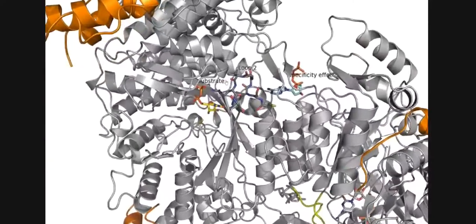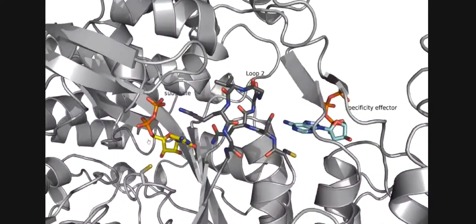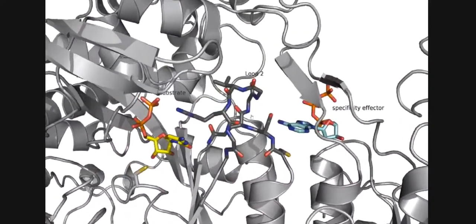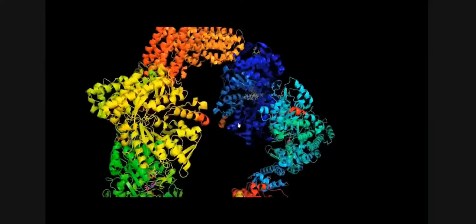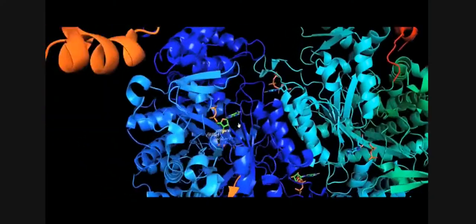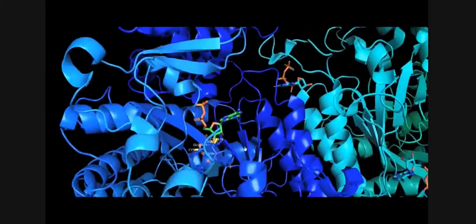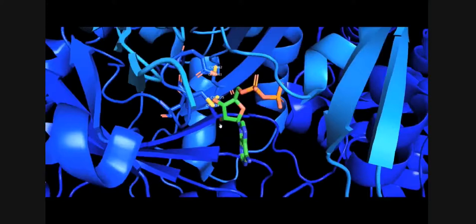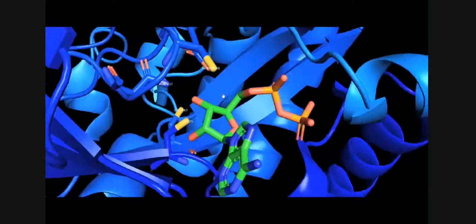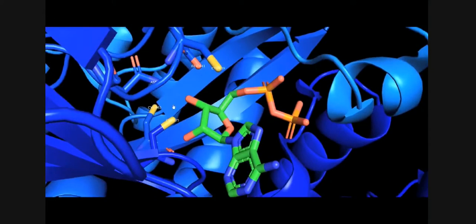The substrate is present in this pocket, and right beside it loop 2 is present. In the active site, other important residues are shown, like cysteine 439 and cysteine 225, which play an important role.